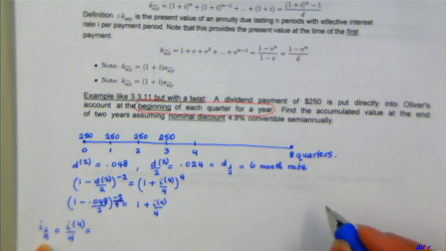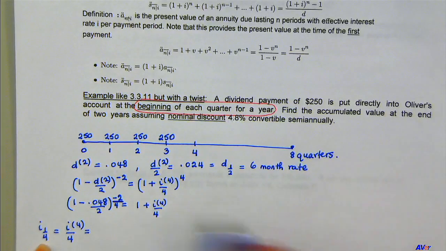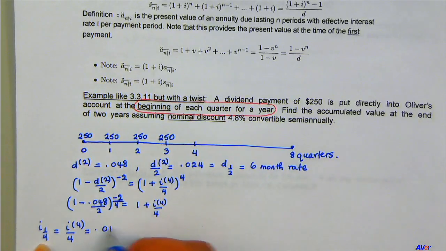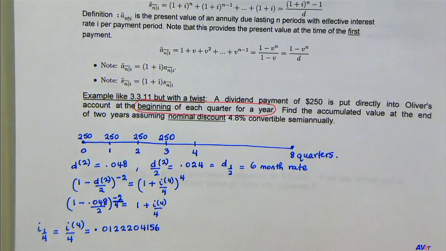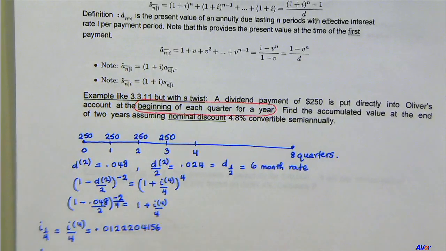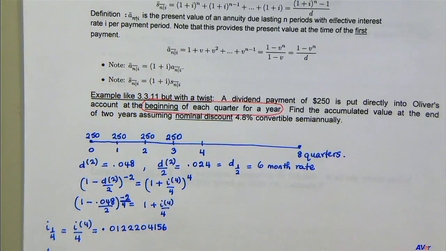What did you get? 0.01222. That's what I got too. 0.01222044156. And then what is D quarterly? I'm going to need that as well, right? So what is D quarterly? So don't I have a relationship between I and D? What is it?